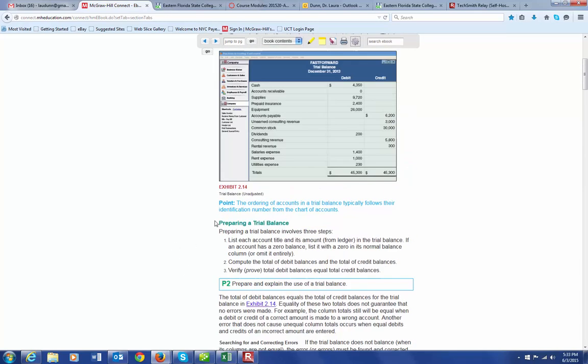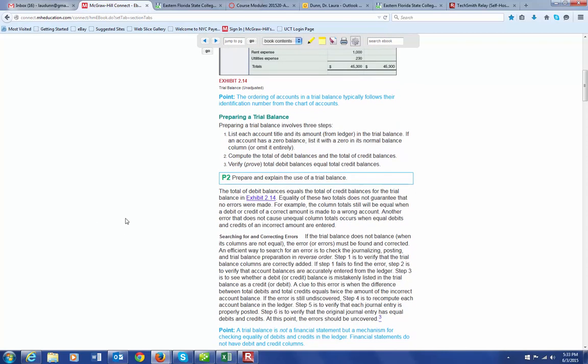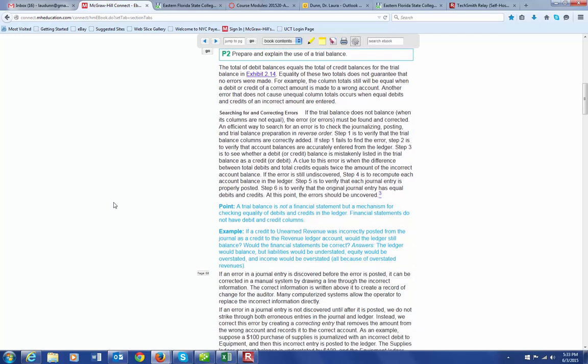So if you do that and it matches, this doesn't absolutely guarantee that you did everything correctly, because you could have your debits and credits correct, but you might have posted to the wrong account. But this is important because at least if you have debits and credits equal, then there's a pretty good chance that you probably have recorded things accurately.